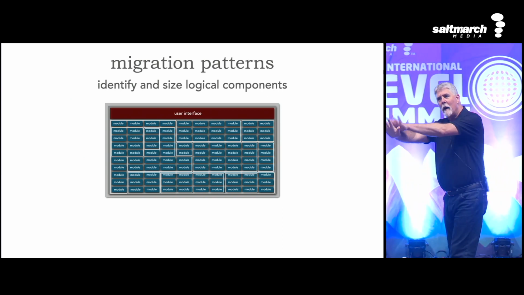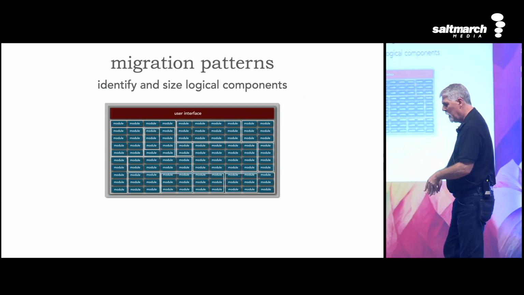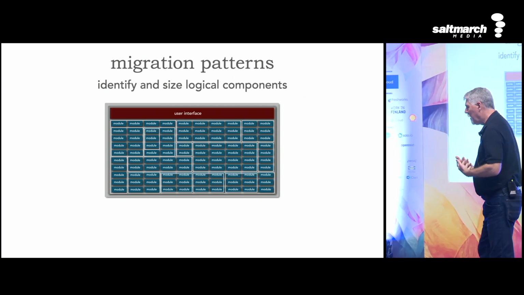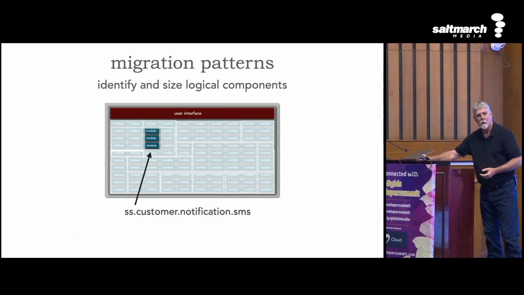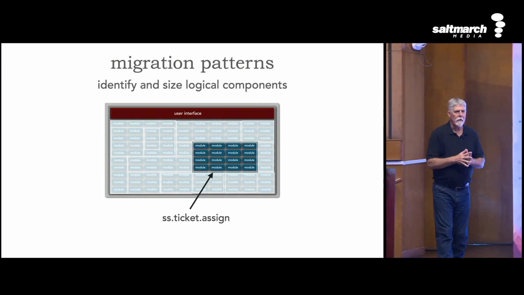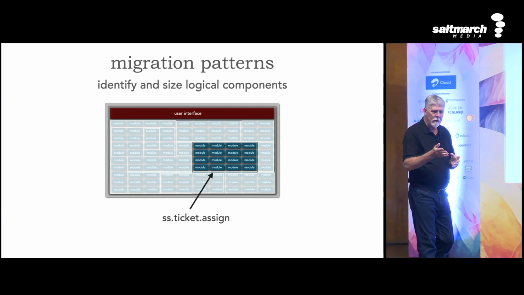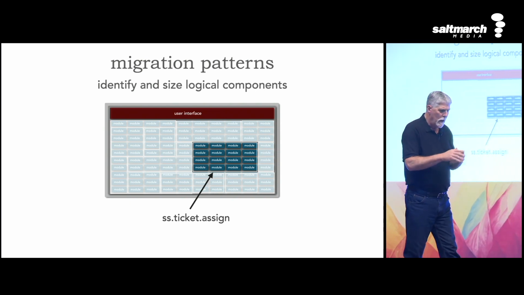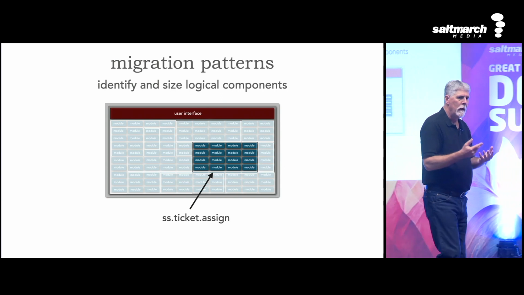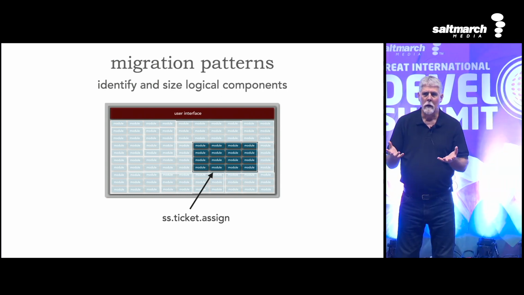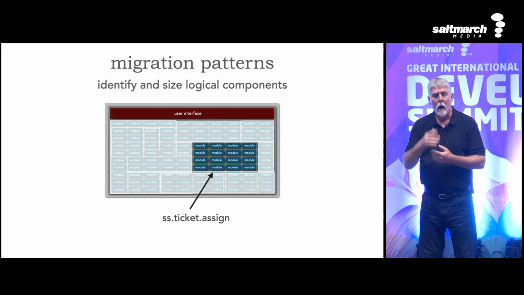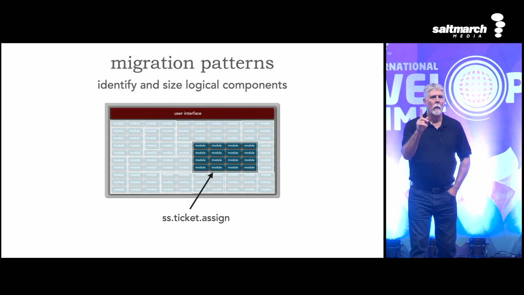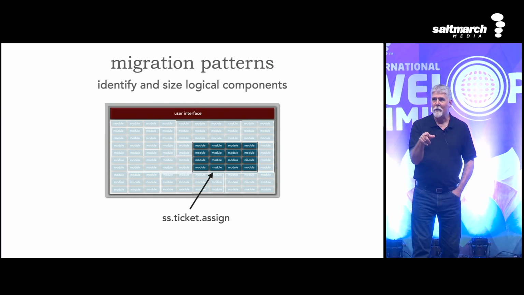Let's go back to the concept of a component. Why is our source code grouped right here? SS/ticket/assign. Look at all those class files. Why do we group them? Well, because they're doing one thing. They're doing ticket assignment. Oh, wait a minute. What's the definition of a microservice?